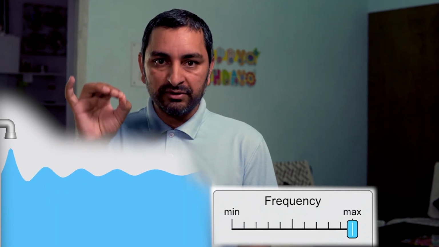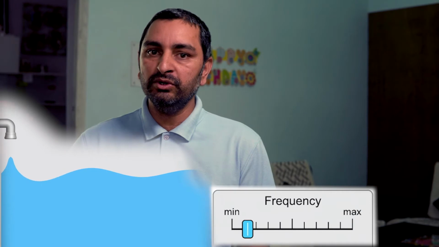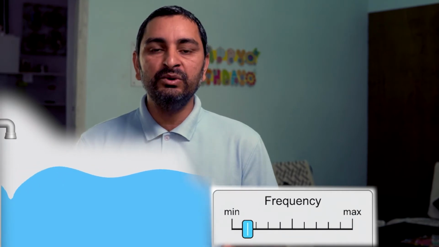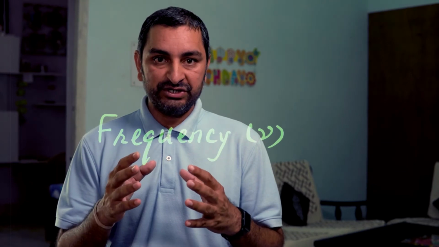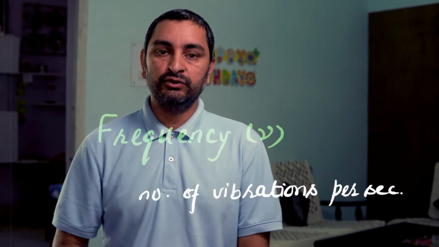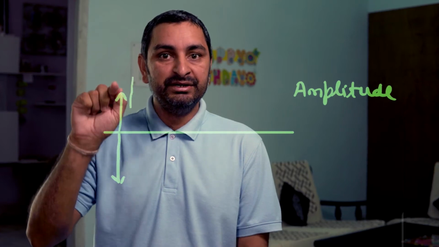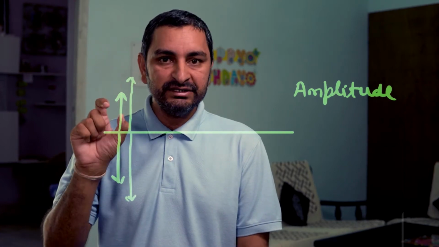If fewer drops are falling, you observe that fewer waves are produced. This is known as frequency. So frequency is the number of vibrations or variations occurring per second. So amplitude is the displacement of the wave perpendicular to the direction of propagation, and frequency is the number of vibrations occurring per second.